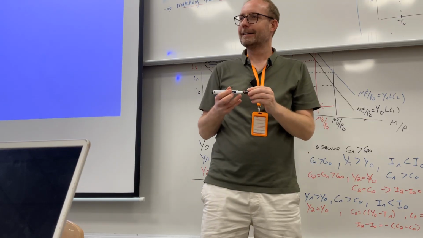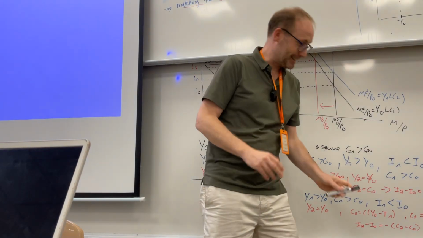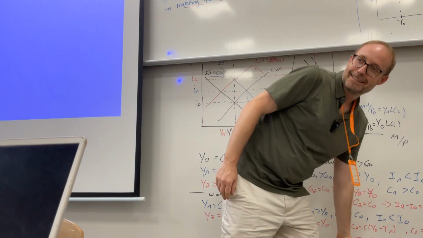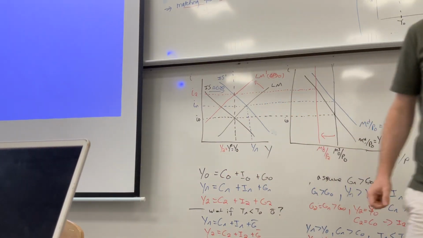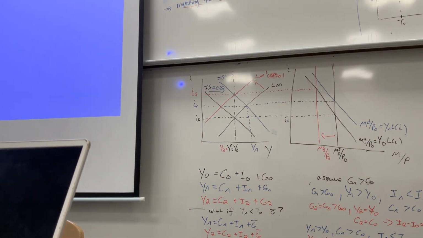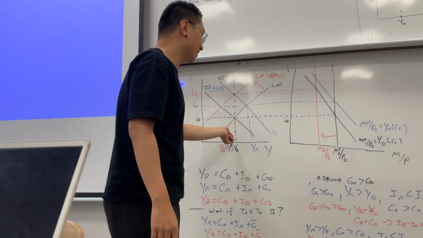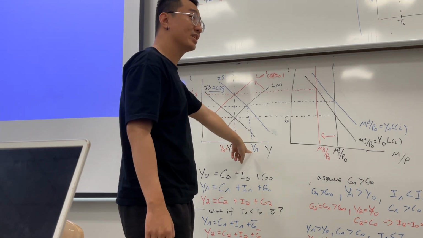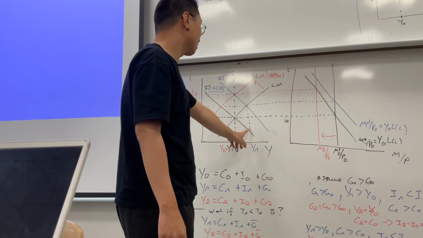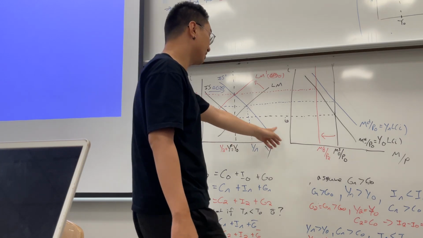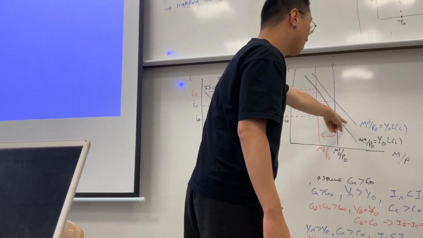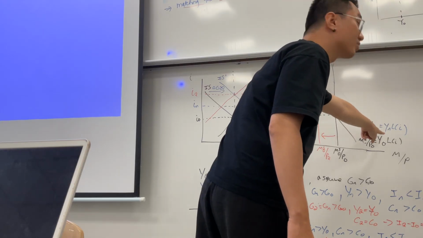Can I ask something? Yes, please. There is some confusion to me about this thing. So when we raise the G, the Y increases this amount, right? But this is a short run. So this is the reason why you also have this one, because we changed from Y0 to Y1.